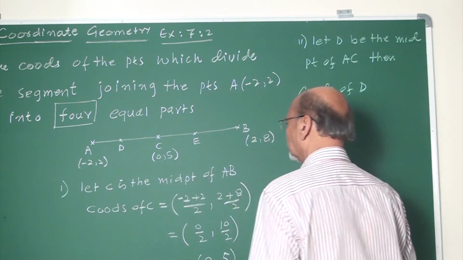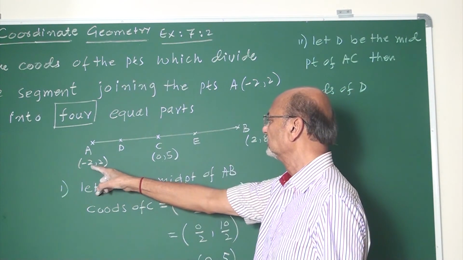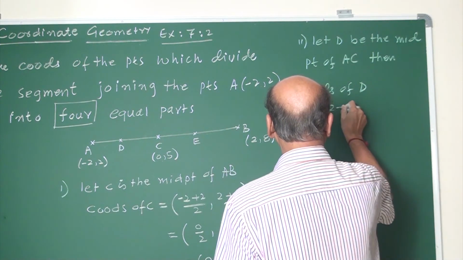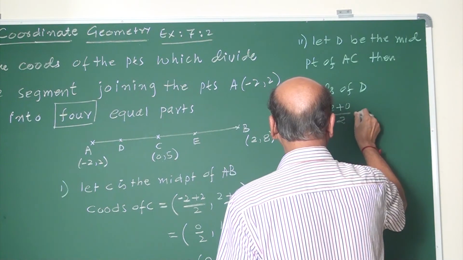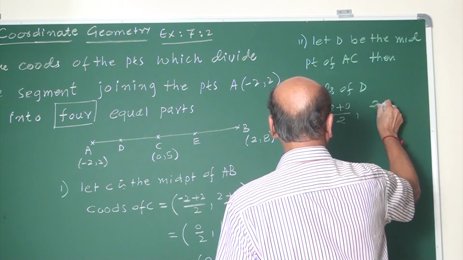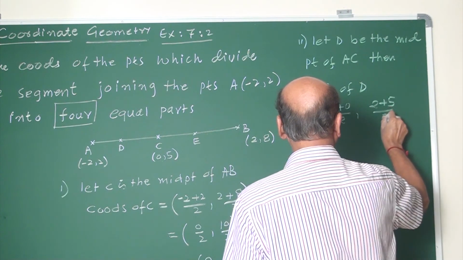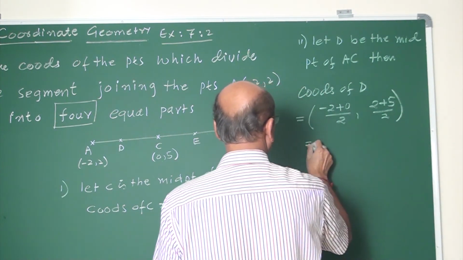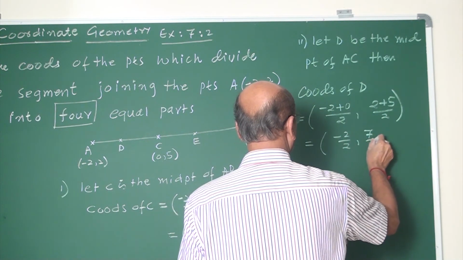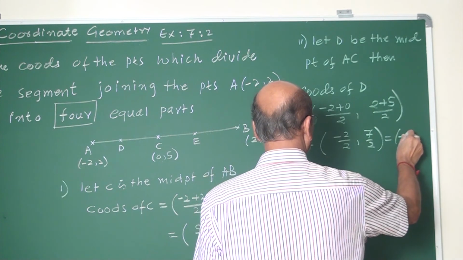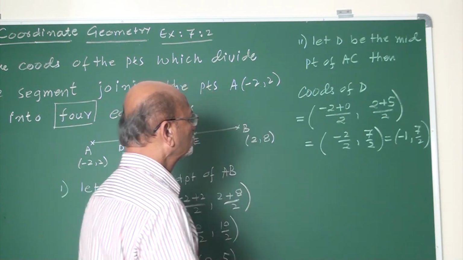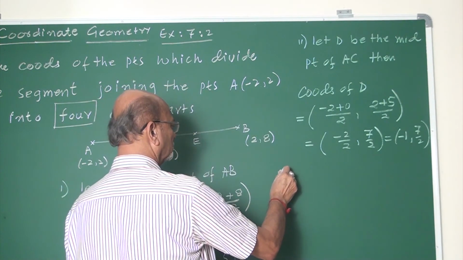Add x coordinates: minus 2 plus 0 upon 2. Add y coordinates: 2 plus 5 upon 2. Simplify it. It is minus 2 by 2 and 7 by 2, so minus 1 comma 7 by 2. Understood.